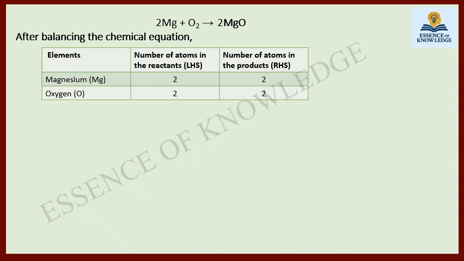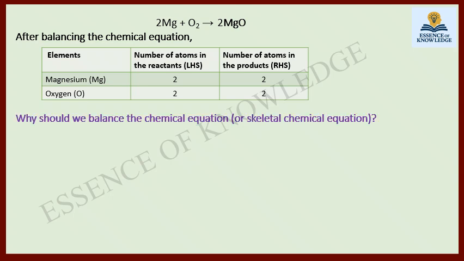And oxygen also, I have got two atoms on the left hand side and two atoms of oxygen on the right hand side. So the number of atoms in the reactants and the products are the same. So the chemical equation is balanced now.